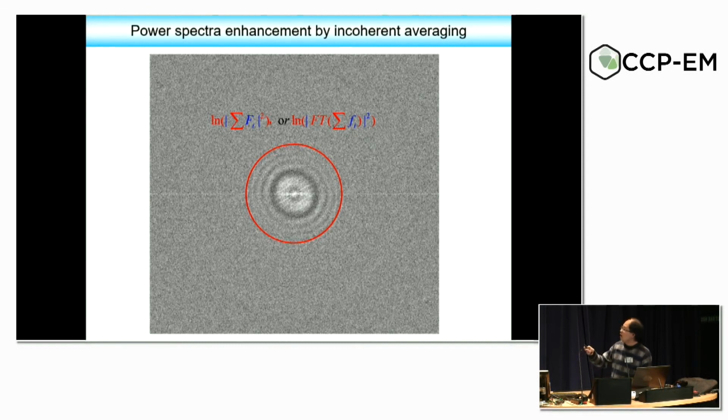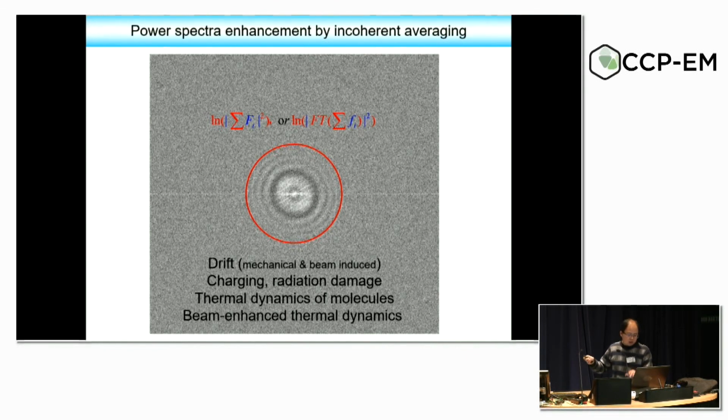If you average all the information together, just using the average of the frames, or you average the Fourier coefficients of each frame, it's actually mathematically identical, and you get something like this. You just see a couple of rings. This is because of the drift, charging, radiation damage, and thermodynamics of the molecules, and also beam-enhanced motion of the molecules.